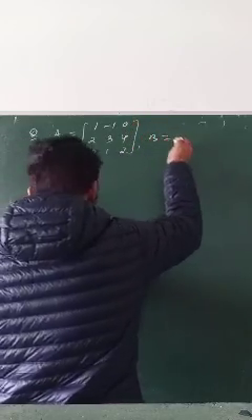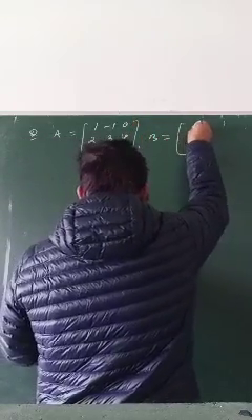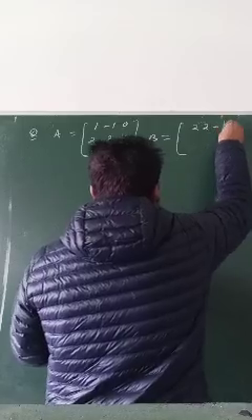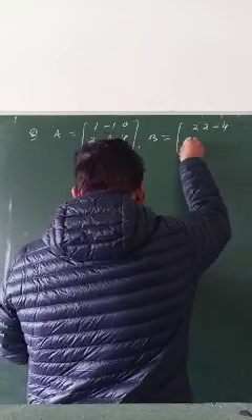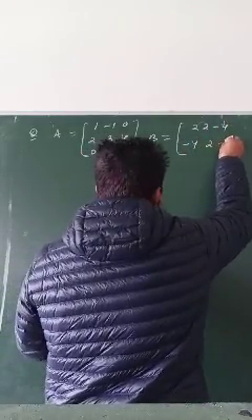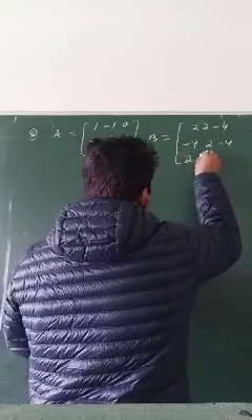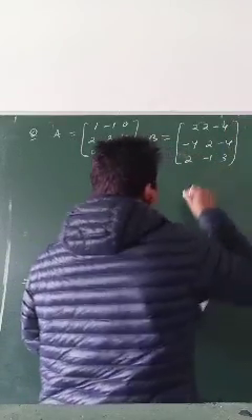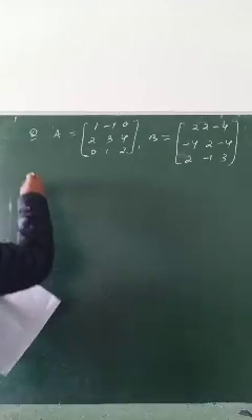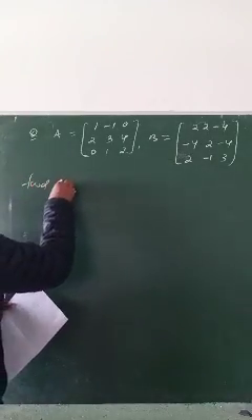B equals 2, 2, minus 4, minus 4, 2, minus 4, 2, minus 1, 3. Okay, find AB.